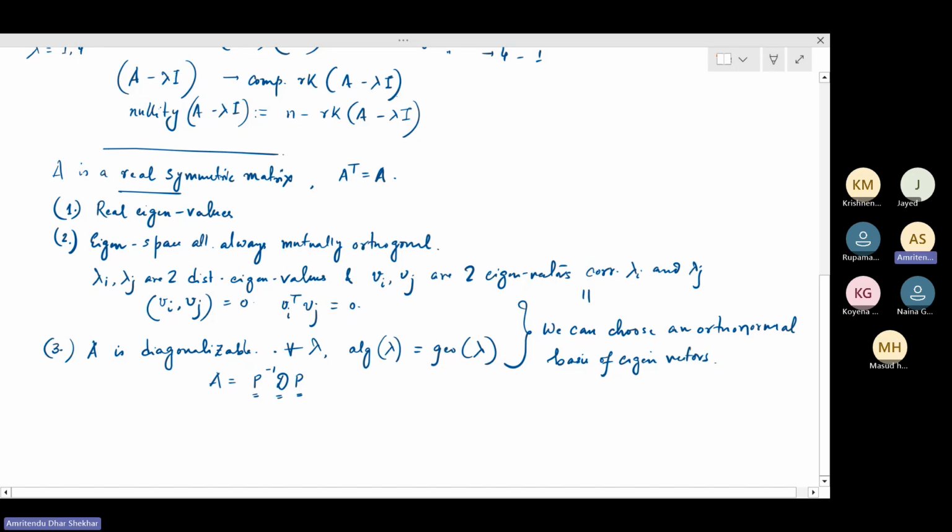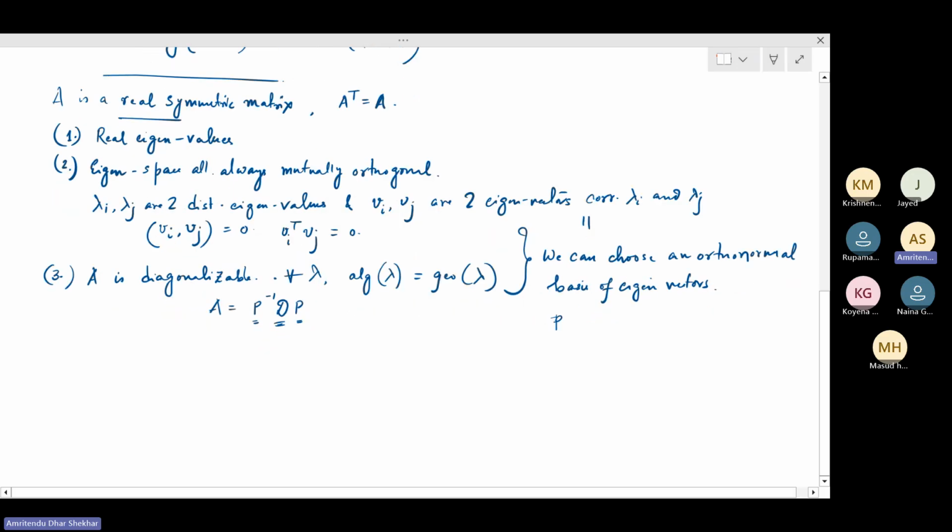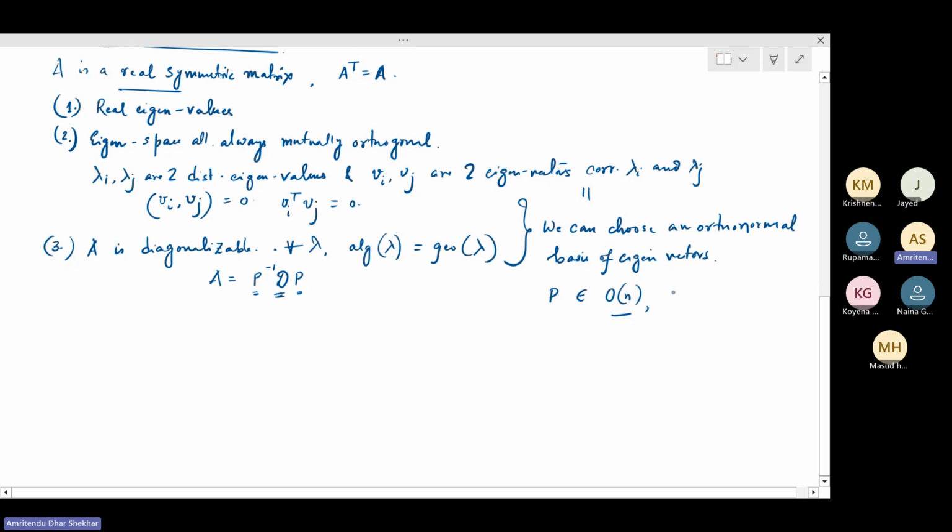Corresponding to that basis, the linear map with respect to this basis would just be a diagonal matrix where the entries are each of the eigenvalues, and because P is an orthogonal matrix, P transpose P is equal to In.